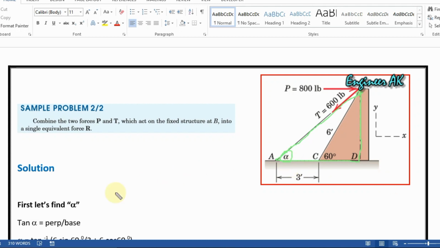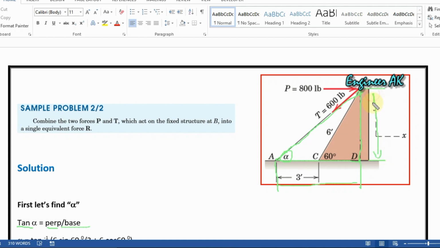If I apply the tan formula, we already know it is perpendicular by base. This is the base from here till here, we have to find this whole base, and this is the perpendicular distance from here to here.